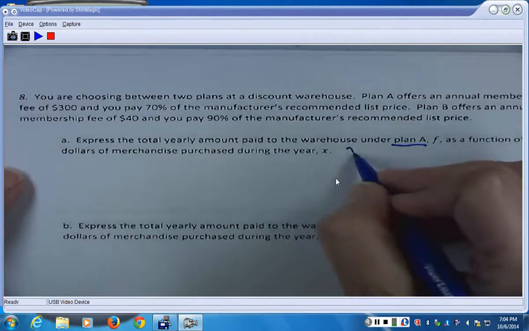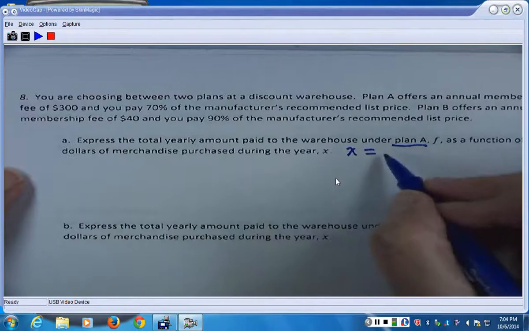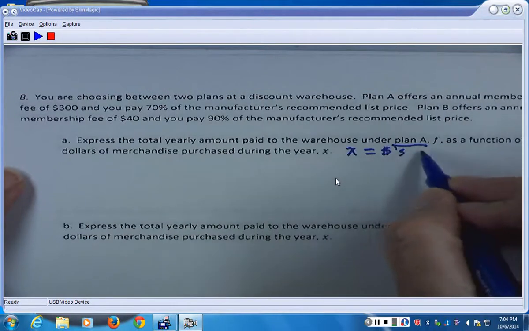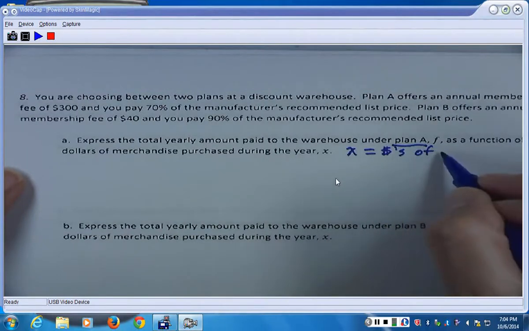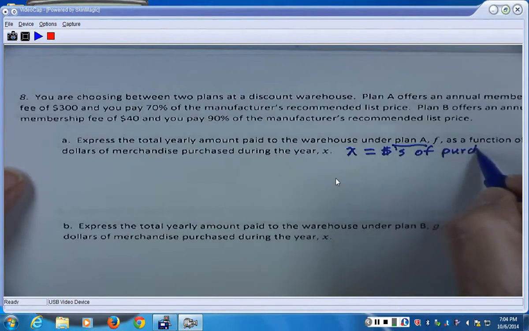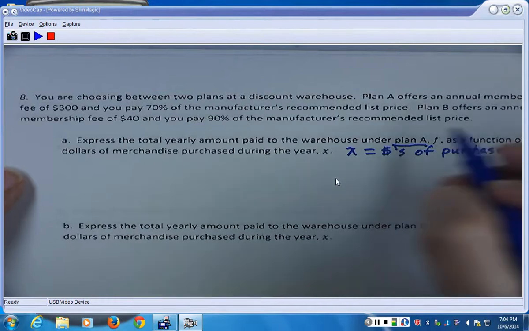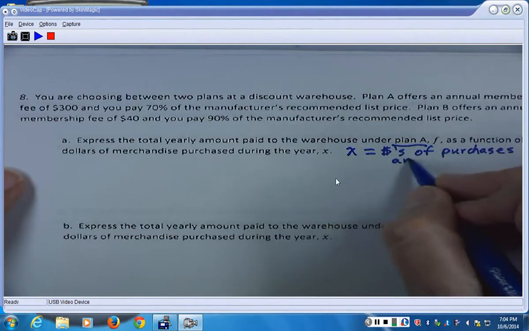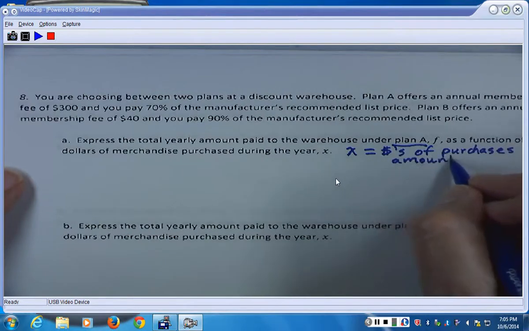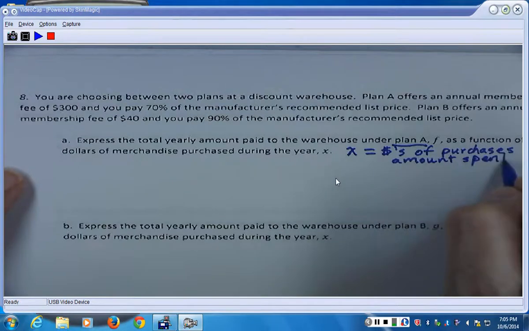So X is the dollars of purchases. Or I'm just gonna, how much you spent. I should say the amount spent. That's a better way to write it.